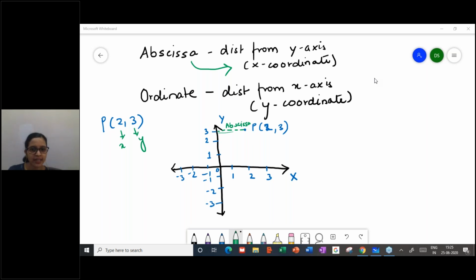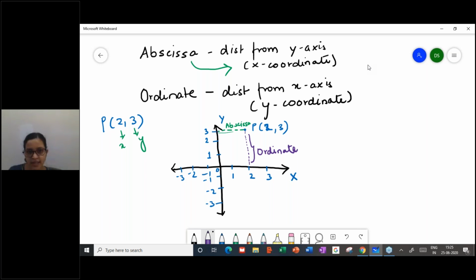Okay, so what is ordinate? Let's take the purple pen. Ordinate is the distance from the x-axis. So this is the x-axis, right? I will draw a line here. This distance is nothing but the ordinate, right? As per the definition, it's just the distance from the x-axis. But if you see closely now, this distance is also 3, right?